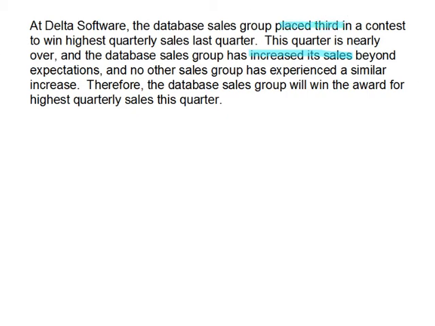So what's really interesting is, despite the fact that no other sales group has experienced an increase, well, how far behind the first and second place runners was this group? In other words, if first place was 1,000,000 units ahead, and the third place group did improve and increase by 100,000 points, that's not enough to overtake the first place runners.